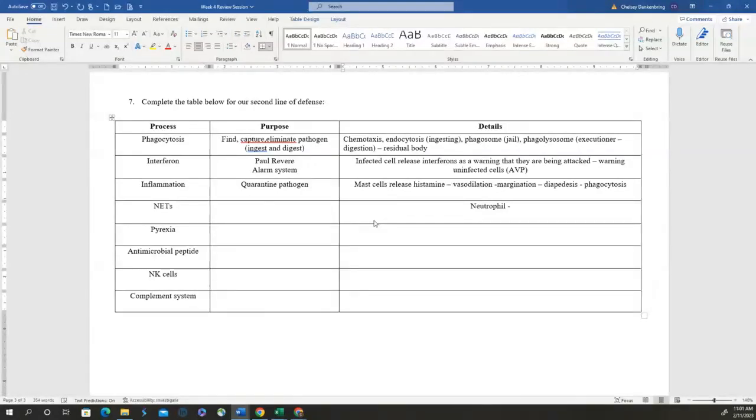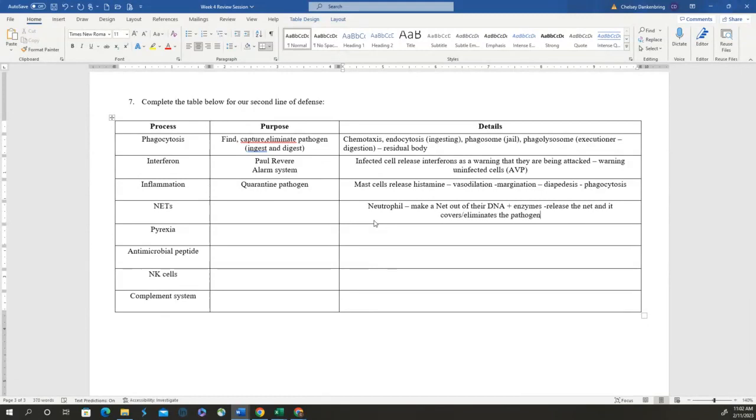So these are neutrophils, and what they essentially do is create a net, like a big old fishing net, but they make a net out of their own DNA and enzymes that they literally release from their cell to capture the bacteria. They release the net and it covers and eliminates the pathogen.